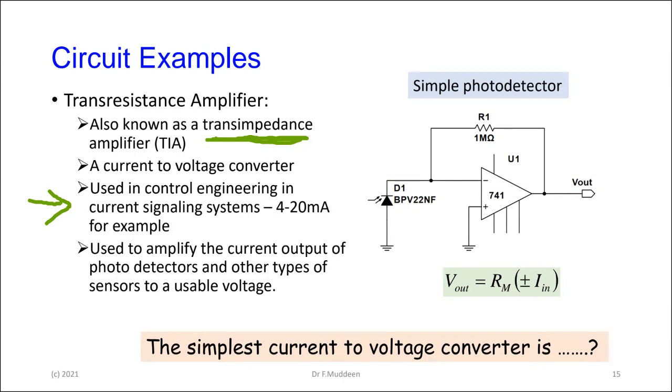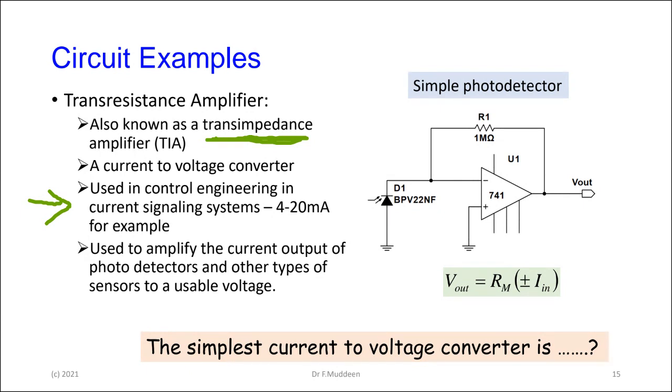If you were to wire it up in a simple circuit, then what you have there is an amplifier that is producing an output voltage in proportion to that current produced by the photodiode. So that's a very simple circuit that operates in the transresistance mode.